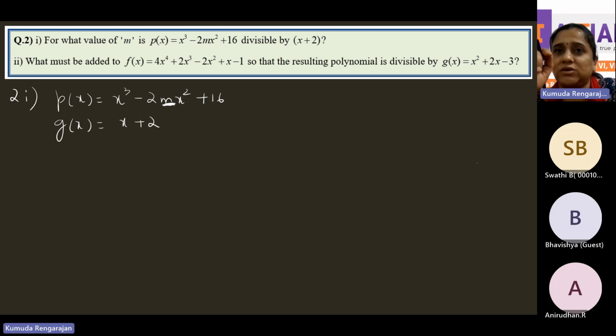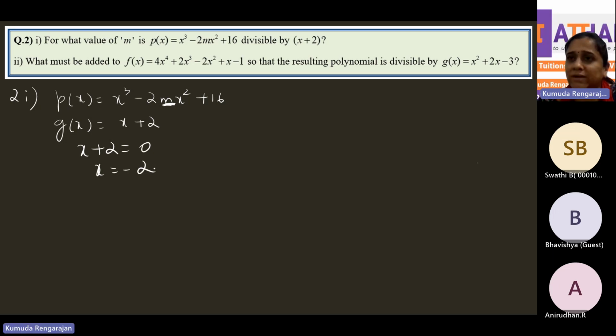So now equate the divisor, x plus 2, to 0. X plus 2 is equal to 0. So what do you get? X is equal to minus 2. Now, which is the dividend? P of x. When you find p of minus 2, you will get the remainder. When you find p of minus 2, that is in the dividend polynomial.